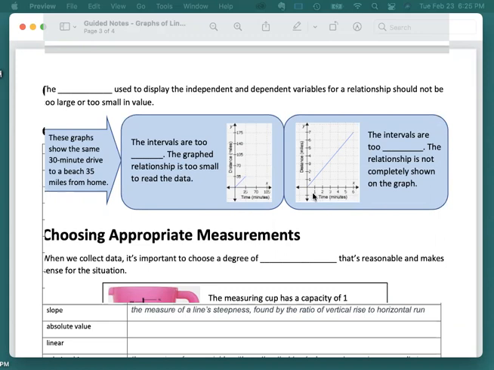It only goes up like 1, 2, 3. If the time took 30 minutes, the scale should go from 0 to 30 on the bottom, and the distance should go to at least 35. So this scale is too small. It's not showing all of the data.